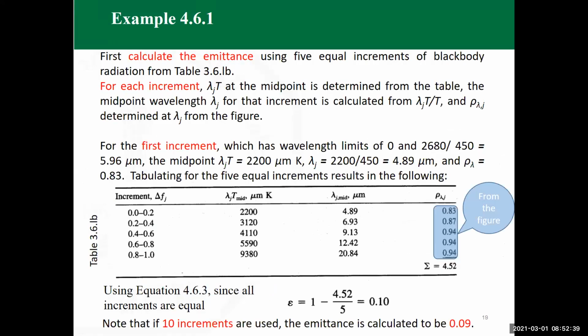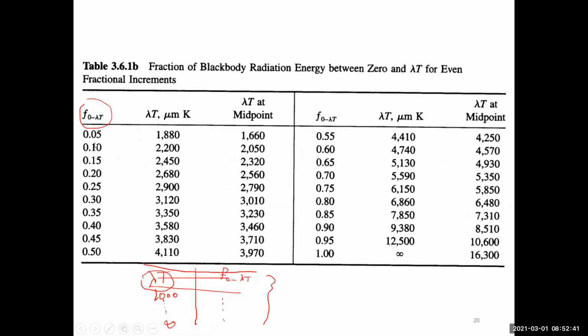Or we don't have to do it for every line of that curve, but we can combine them in fractions. Instead of saying from 0 to 0.05, we're going to combine this all together in one batch, and these together in another batch, and so on. To do that, we need to determine the value of lambda T at the midpoint.